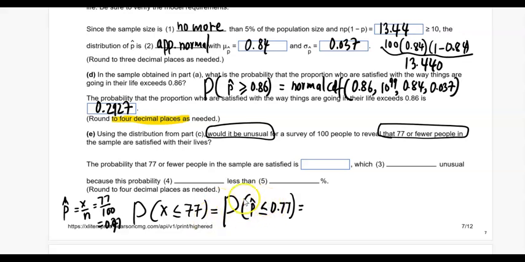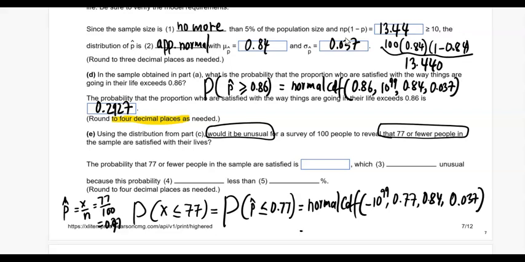Since you're looking for the probability of less than 0.77, use normal CDF again. So the lower bound is negative 10^99, the upper bound is 0.77, the mean from part C is 0.84, and the standard deviation is 0.037, close parenthesis.